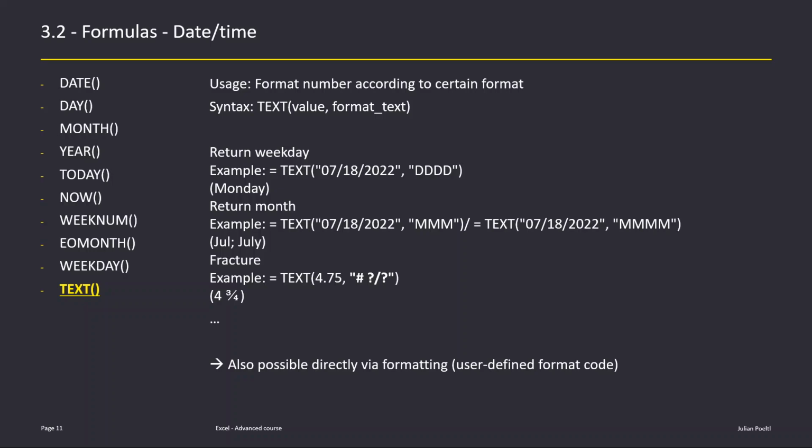For example, the format code DDDD hands out the fully written out name of the day. This function is not only used for date stuff, but also for fractions, like here below, where you could turn a number into a fraction. You could also do this via formatting, with user-defined format codes.